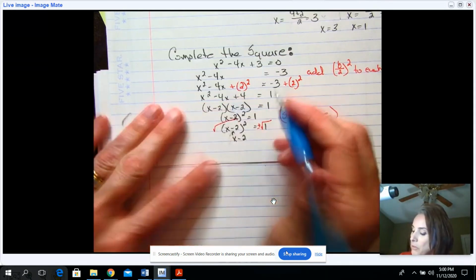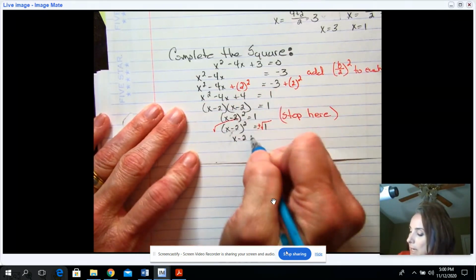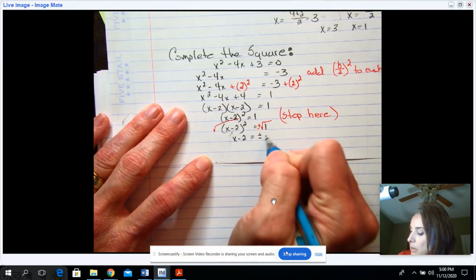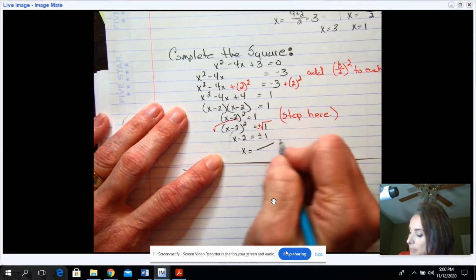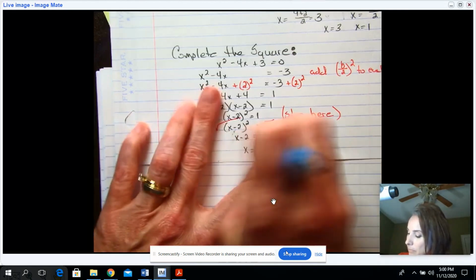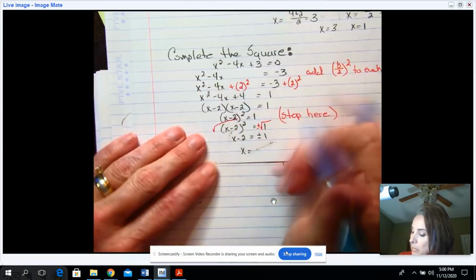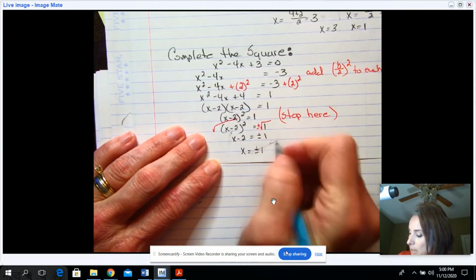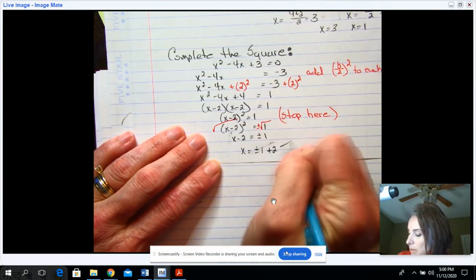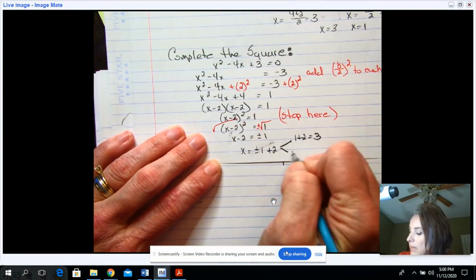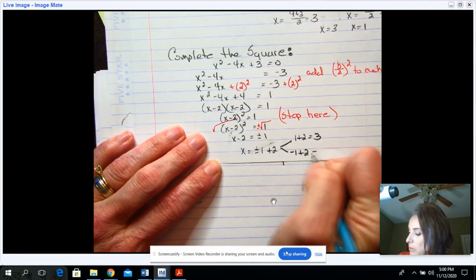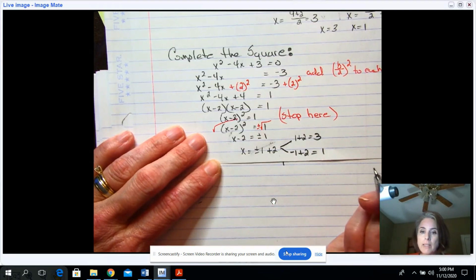When you square root, it goes away. So you have x minus 2 equals plus or minus the square root of 1, which is 1. So you are going to get plus or minus 1 plus 2. So you get 1 plus 2, which is 3, and then negative 1 plus 2, which is 1. So again, you get the same exact answers.